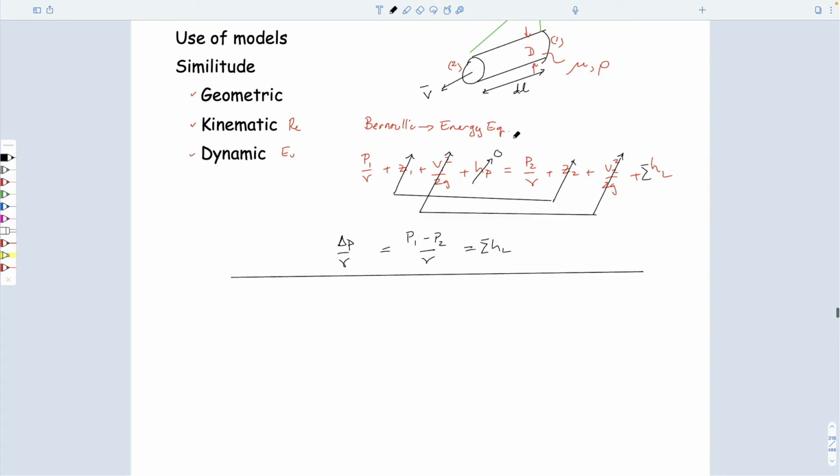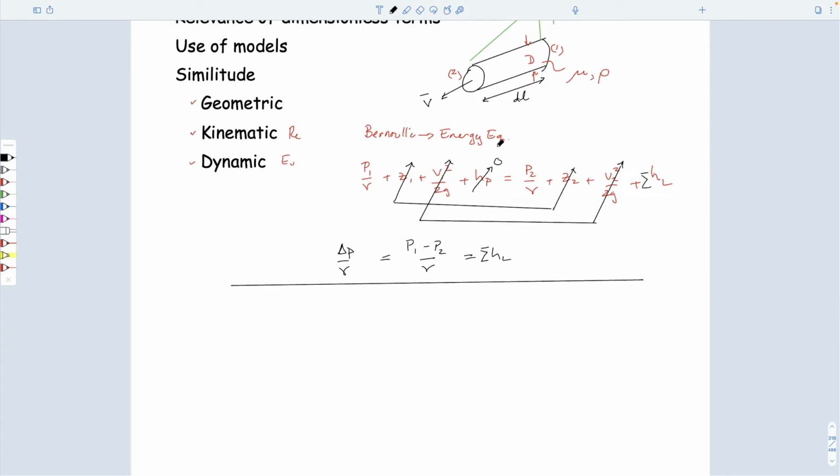And so what we can do is we can describe the system as something which is, and I'm following the notes that I'm not looking at from earlier on, that the pressure drop is equal to some function of diameter, velocity, density, viscosity.